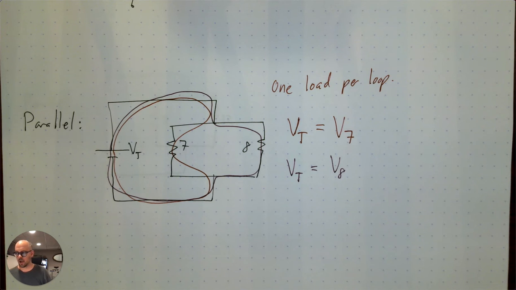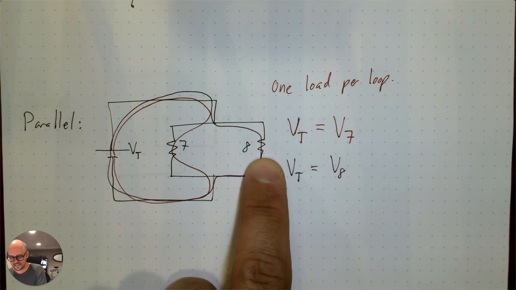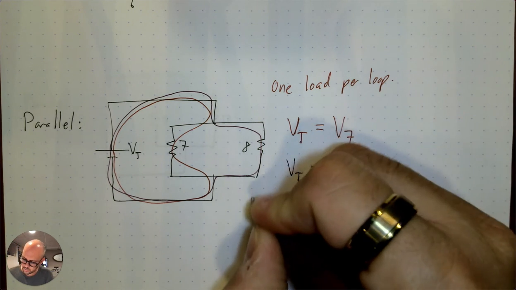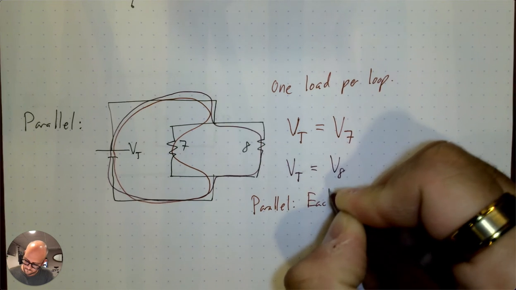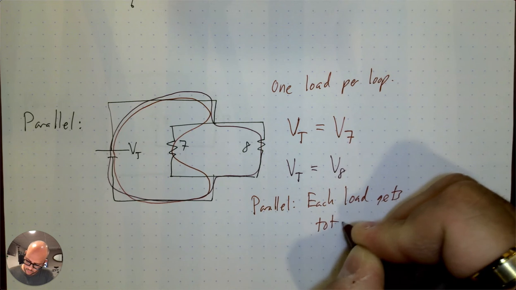And so I can write 2 equations. The total voltage is equal to the voltage across 7, and the voltage across 8 is equal to the total voltage. And so I can summarize that and say in parallel, each load gets the total.